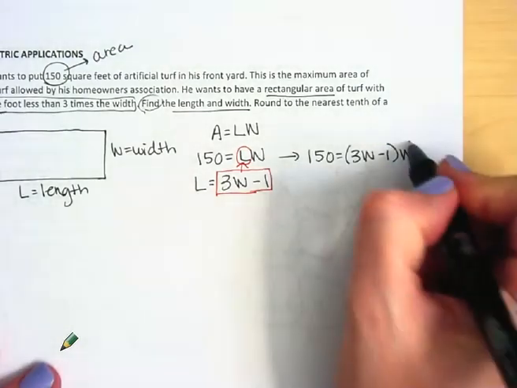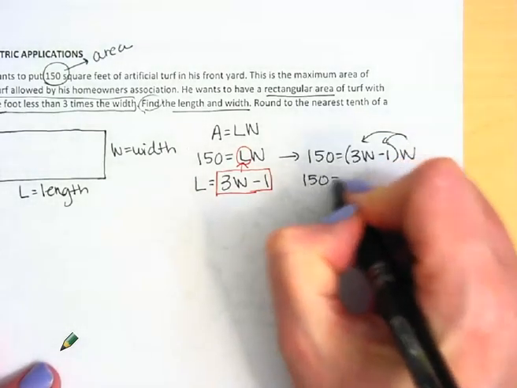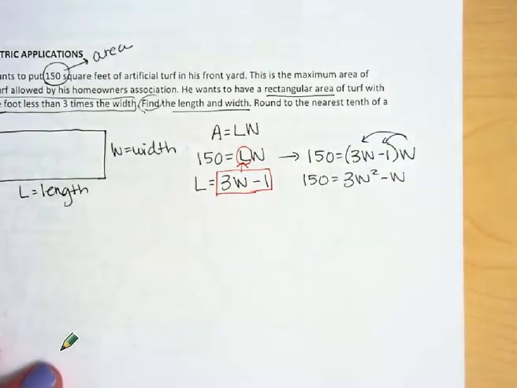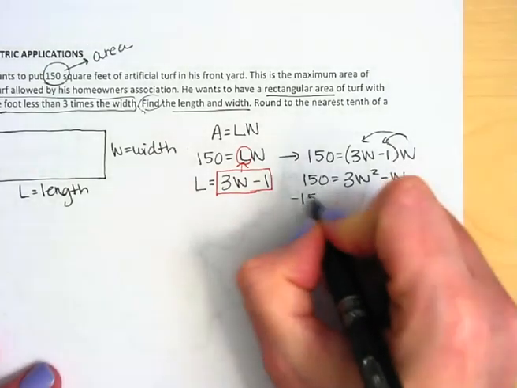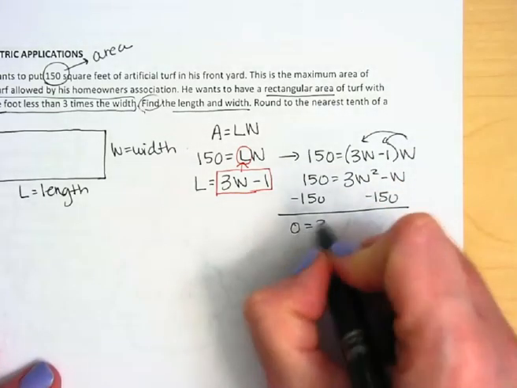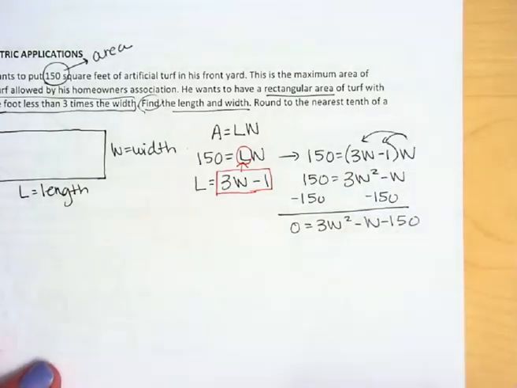So I distribute the W. So 150 equals 3W squared minus W. Subtract 150 from both sides. Now 0 equals 3W squared minus W minus 150.